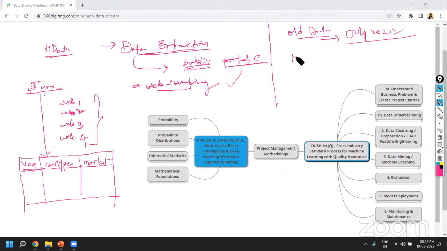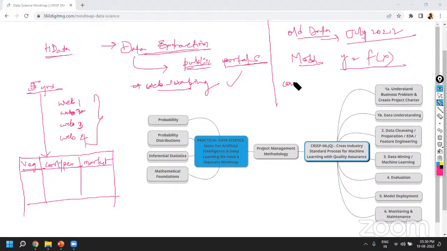Using this data, we will have to try and represent a model. When I say model, it's a mathematical expression. Y is equal to f of x. Y is your output, the variable of interest, and x is the factors that are influencing the price.